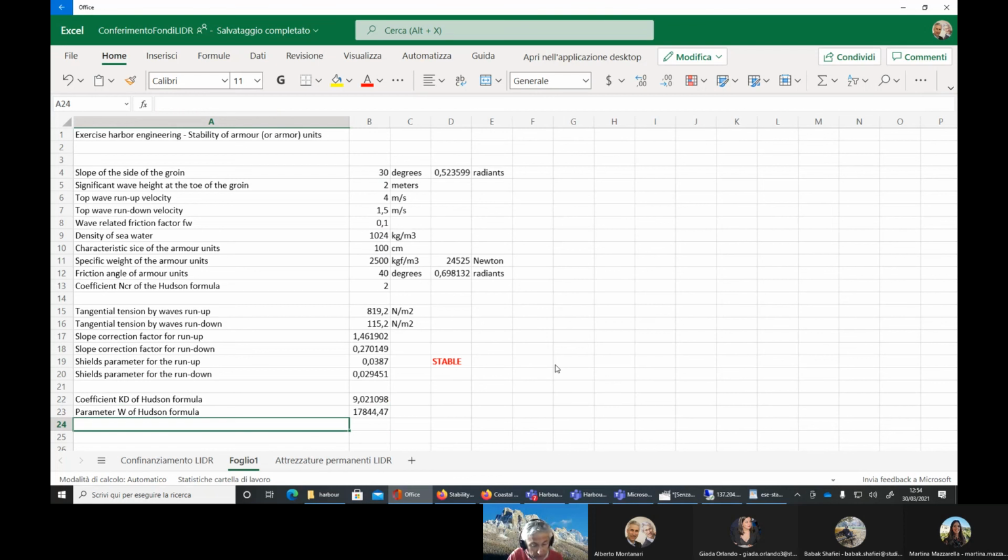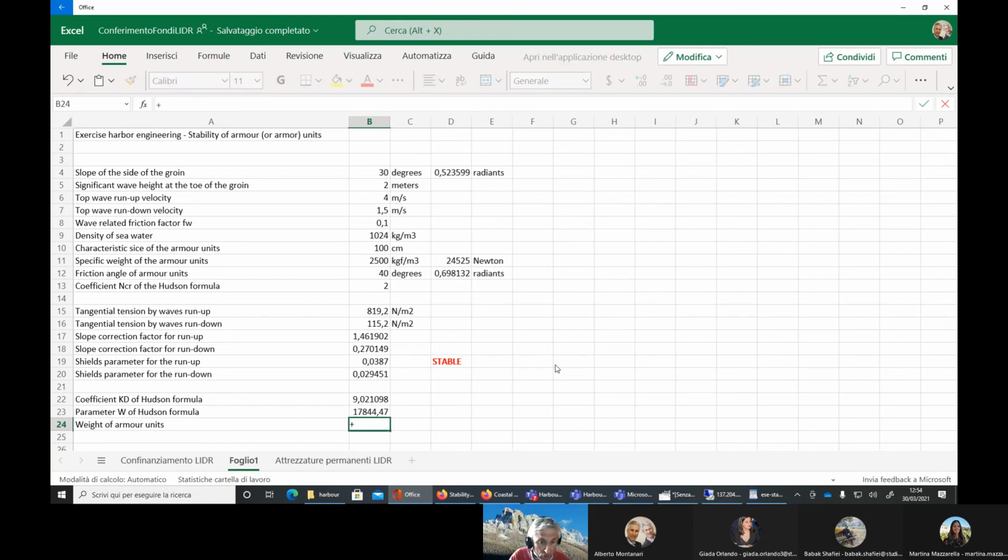And now here I can put the weight of armor units. Let's suppose that it's a cubic shape, then we can compute the volume of the cube, which is 100 divided by, oops, sorry. This one divided by 100, and this is to be cubed.